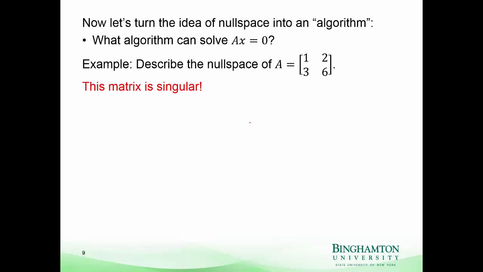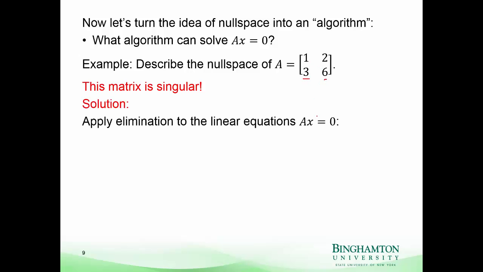Well, this matrix is singular. So you remember, singular matrix means, for a square matrix, when we're talking about singular or non-singular, we say it's singular when its columns are linearly dependent, and we can easily see this. We just see that the second column is 2 times the first column.